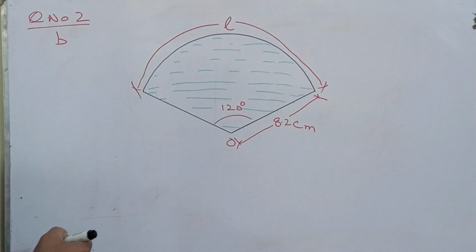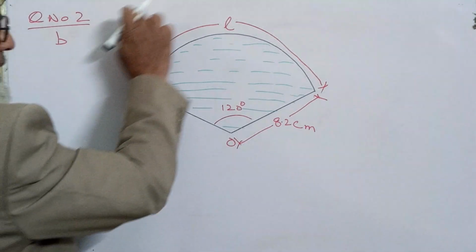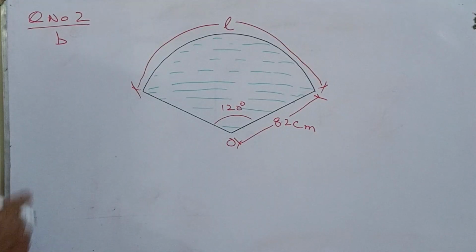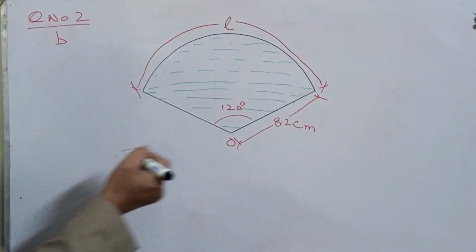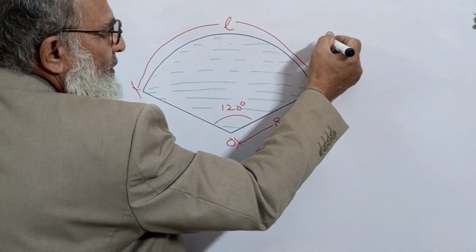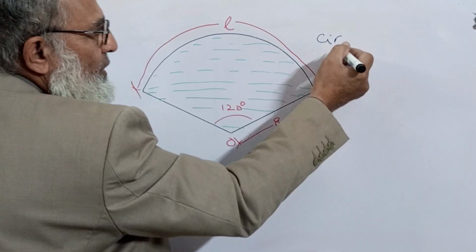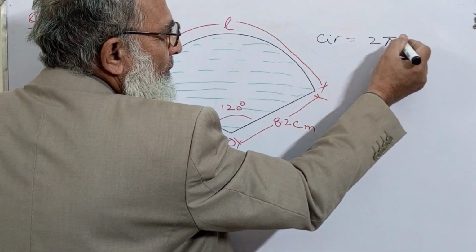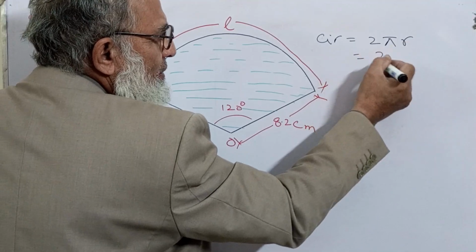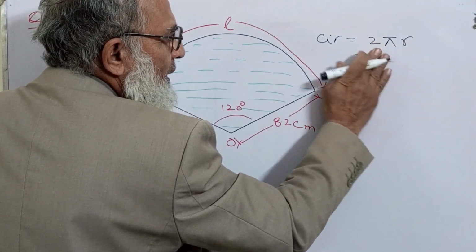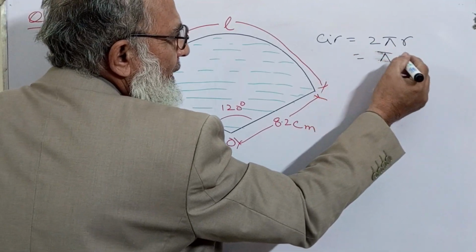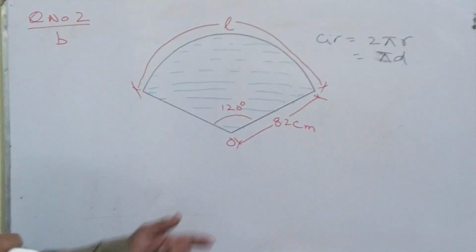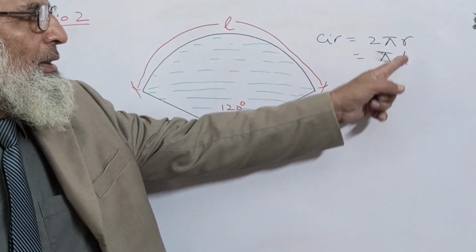Now, first of all, we will find the arc length. As you all know, the circumference of the circle is equal to 2 pi r or pi d. It is one and the same thing since 2r is equal to d.